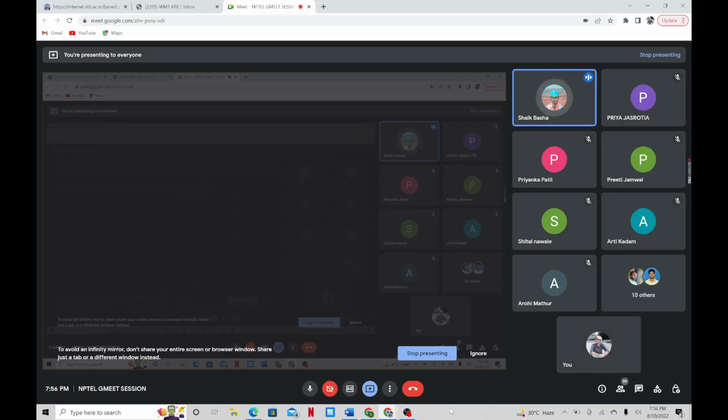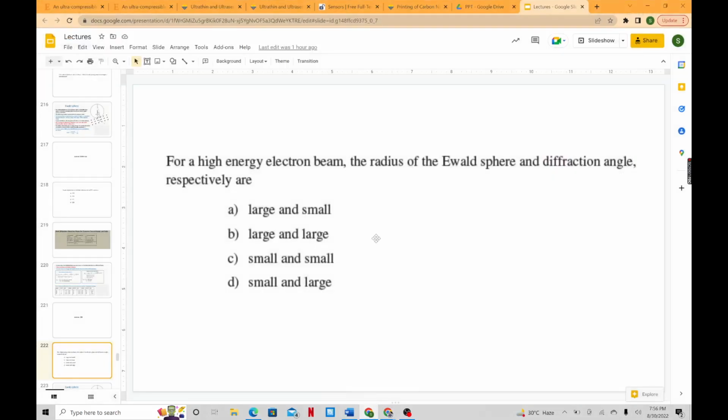Here it is asking, if you are using a high energy electron beam, what will be the radius of the Ewald sphere and the diffraction angle? It is asking the relation of your r and theta.